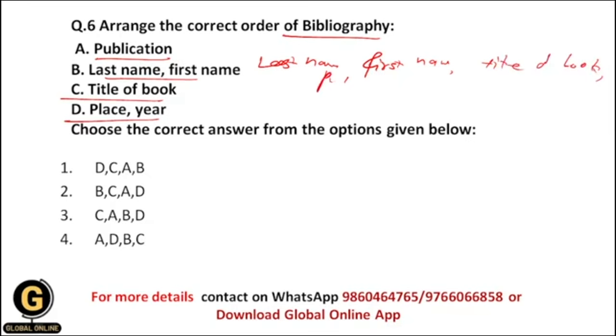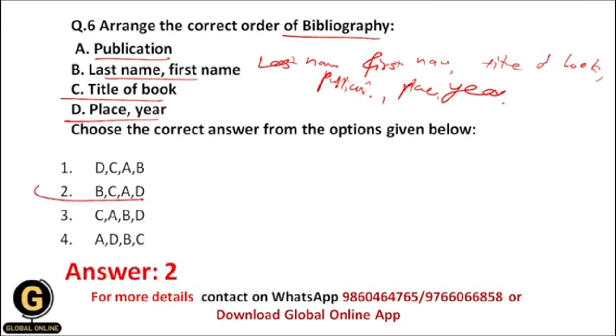Then write the publication, then the place, then the year. So this is the common format. That's why your correct answer is 2 over here, because B will come first, that is last name and first name of author, then title of book, then publication, and then last one should be place and year.